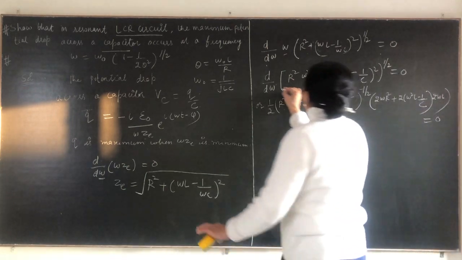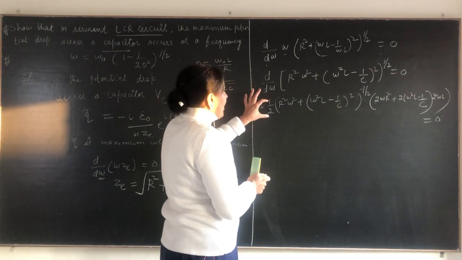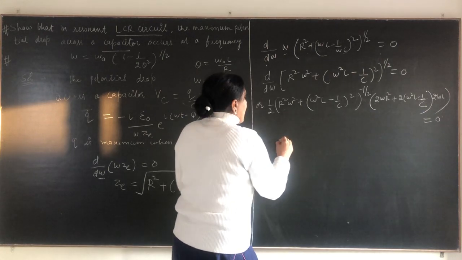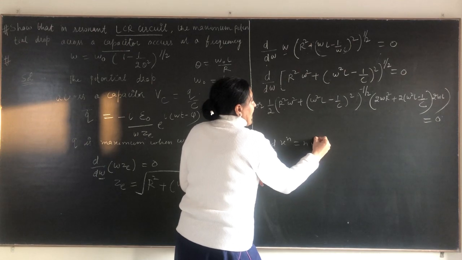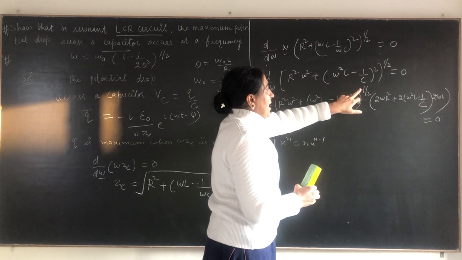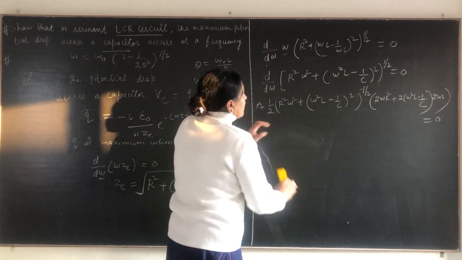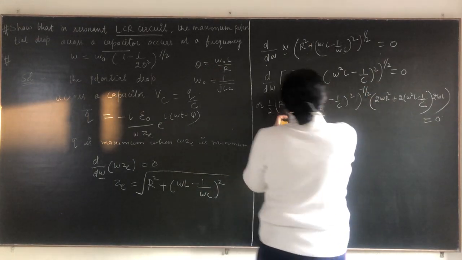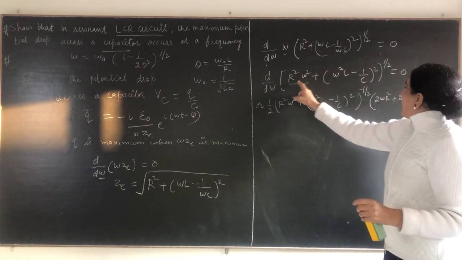Clear? Now take its derivative. The derivative of this term will be 1 by 2 times the whole term raised to the power minus 1 by 2, since for x raised to power n the derivative is n x raised to power n minus 1. Here n is 1 by 2, so n minus 1 is minus 1 by 2. Now the derivative of the terms inside the bracket: the derivative of the first term will be 2 omega R square.